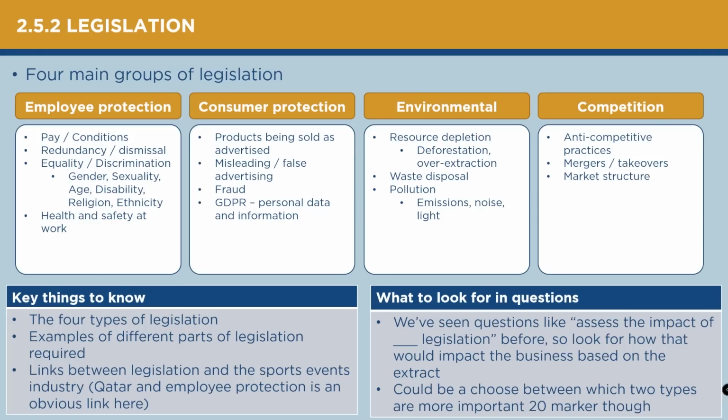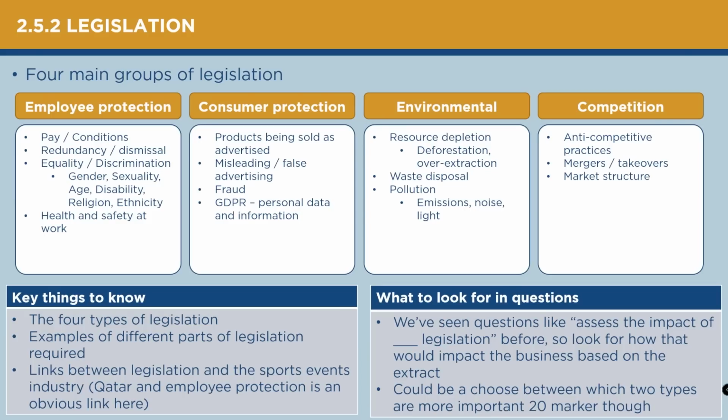Legislation is different in different countries, and quite often it's a lower standard than in the developed world, like the UK, for example. So you've seen hundreds and hundreds of people dying at work to build these stadiums because they've had no employee protection. That's quite an obvious link that could come up in terms of a sporting event.